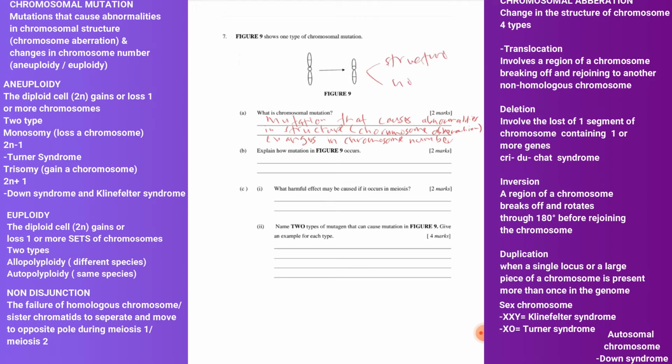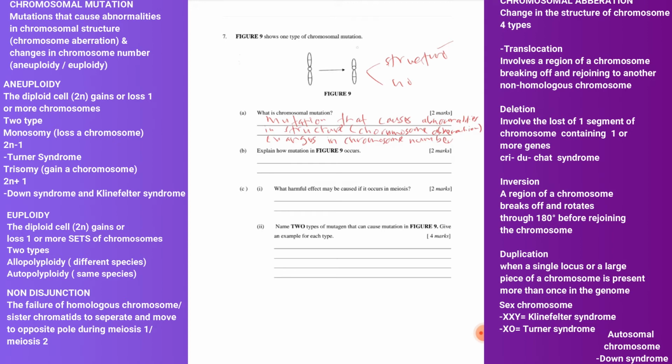Structure we call chromosomal aberration. Number, we have two types. The first one is aneuploidy, where the set of chromosomes loses or gains one chromosome, or euploidy.